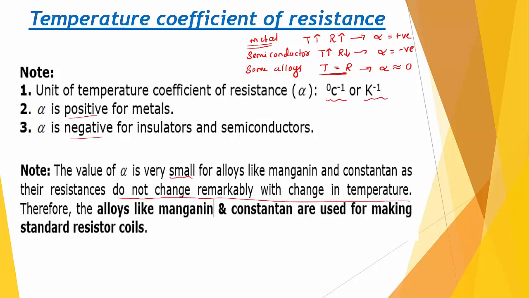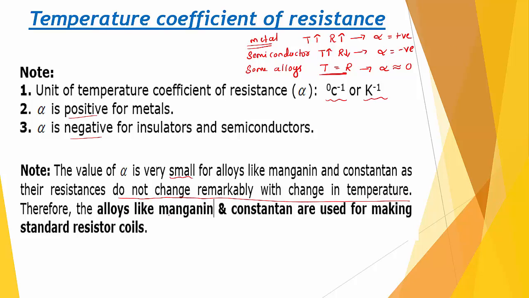That's why we consider alpha to be nearly 0. So for metals alpha is positive, for semiconductors alpha is negative, and only for some alloys there is not much change in resistance when there is a change in temperature, so we consider alpha nearly equal to 0.